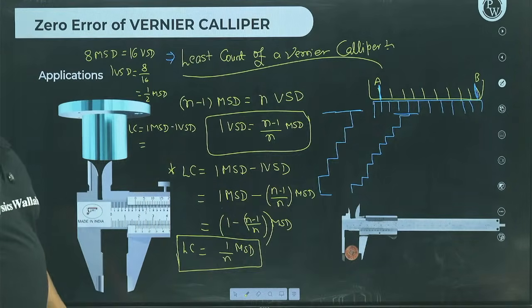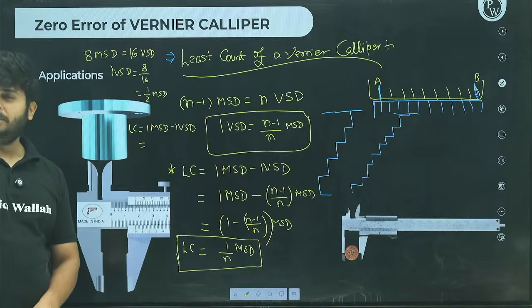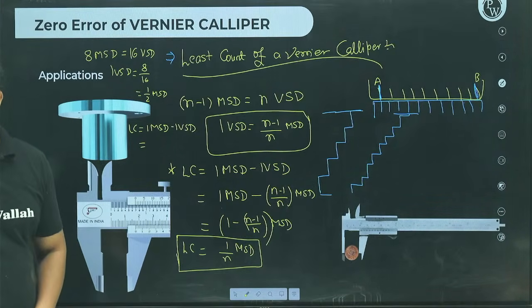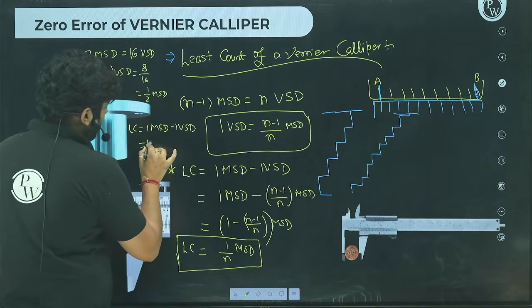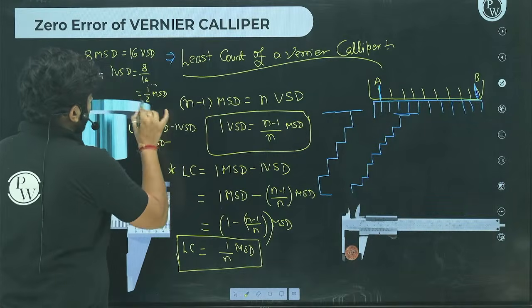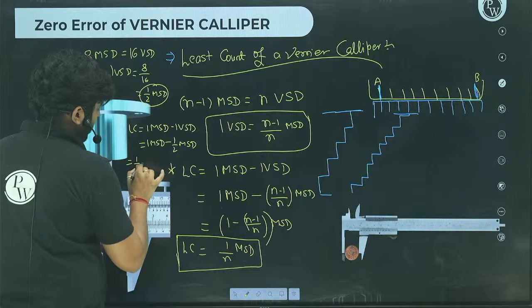Let's say the main scale division on that Vernier caliper is of 1 mm. Each main scale division contributes 1 mm. So we can say 1 main scale division minus half a main scale division comes out to be half a main scale division.